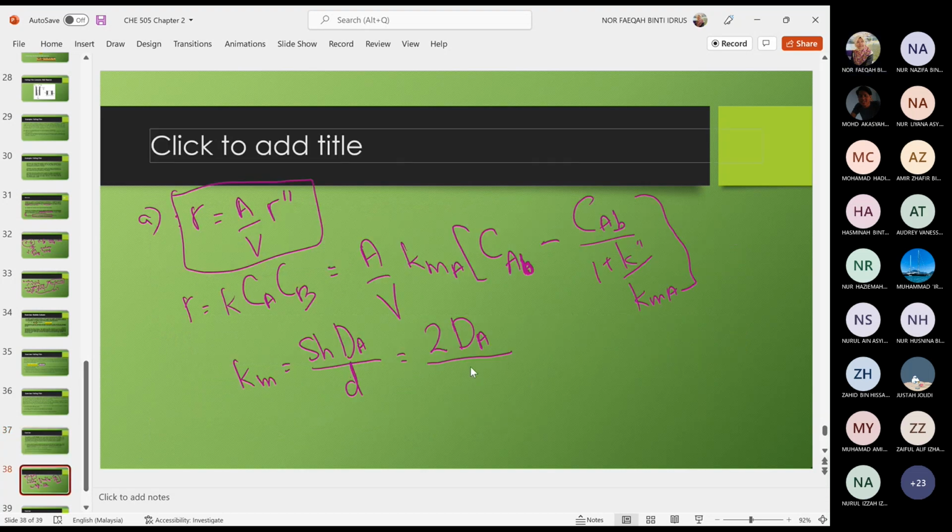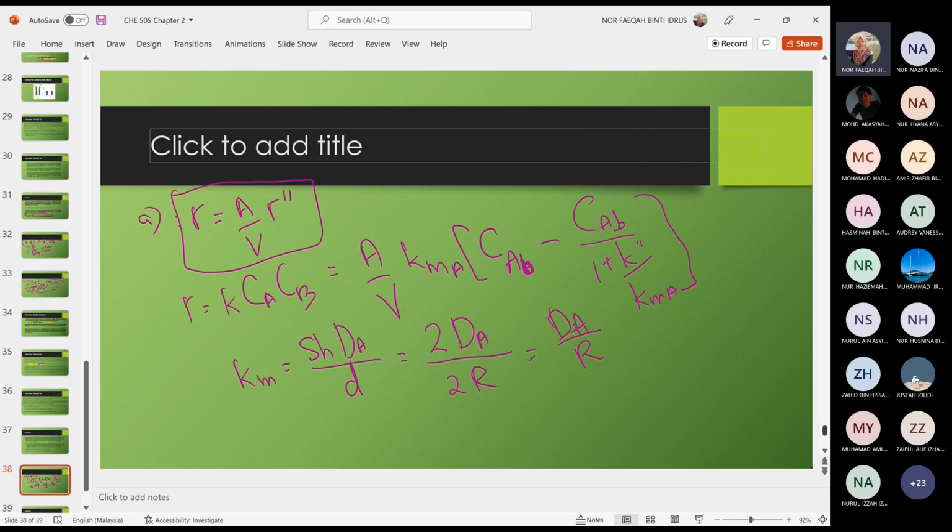If you don't want to substitute the value, you can write the diameter equal to 2R, where R is the radius. So it's equal to dA per R, radius. Or you can leave it as 2 dA per D, which is also okay.